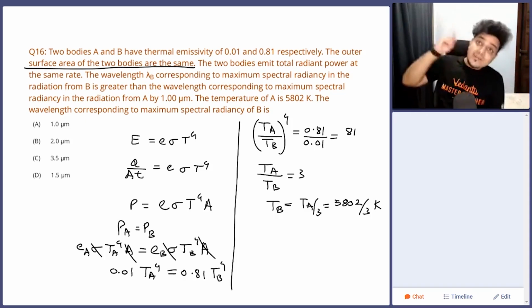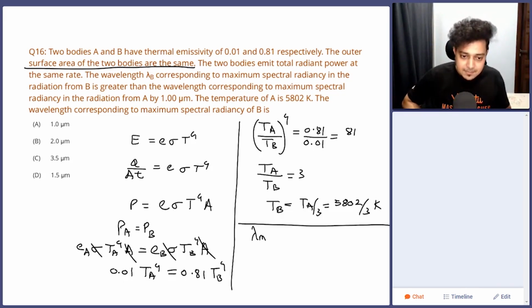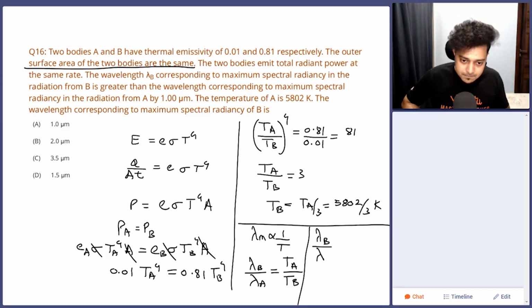We have to find the wavelength at which maximum radiation is emitted, so we will use Wien's displacement law. Lambda max is inversely proportional to temperature. So lambda max for B divided by lambda max for A is equal to temperature of A divided by temperature of B. This calculation of the temperature is redundant, we can skip it.